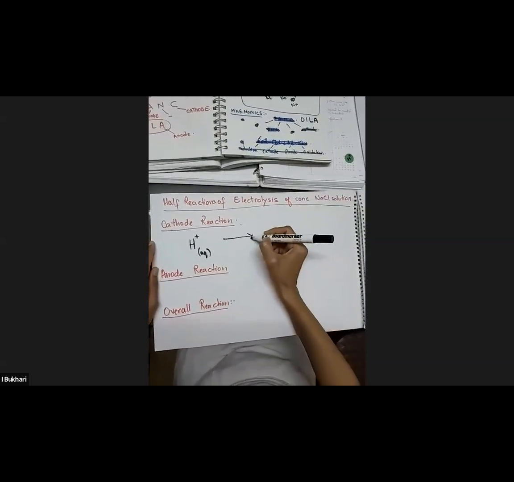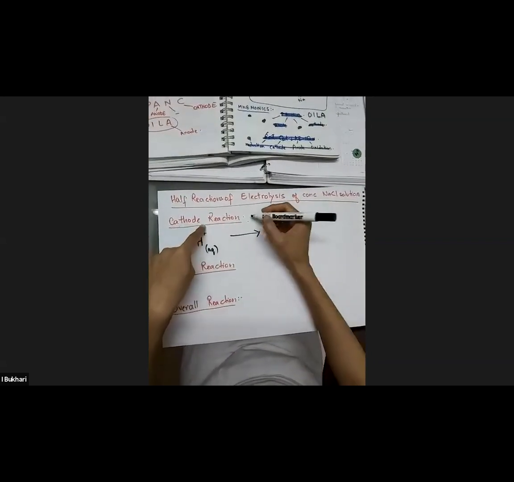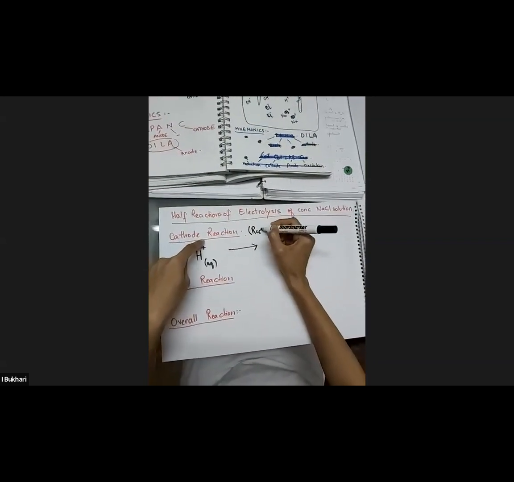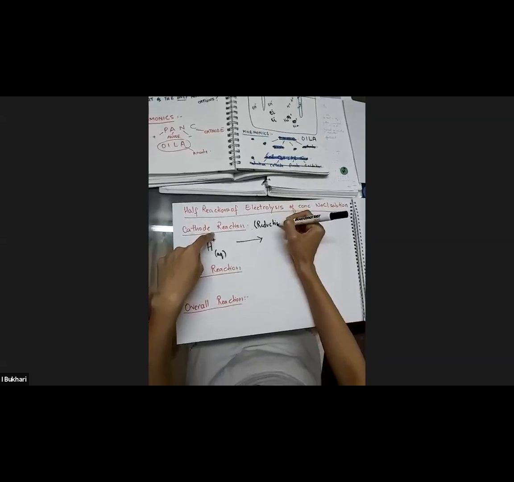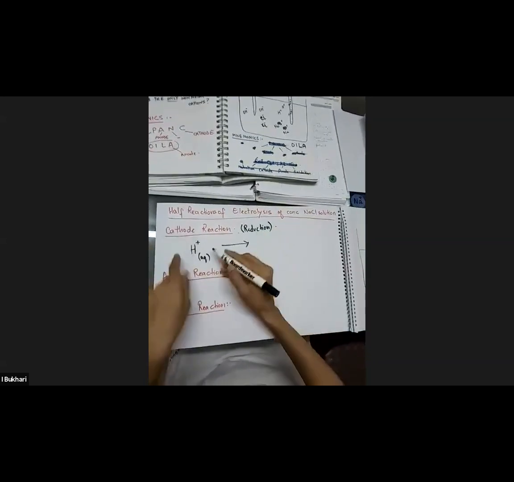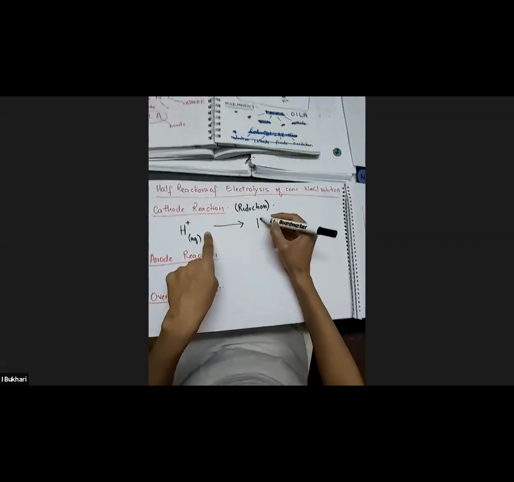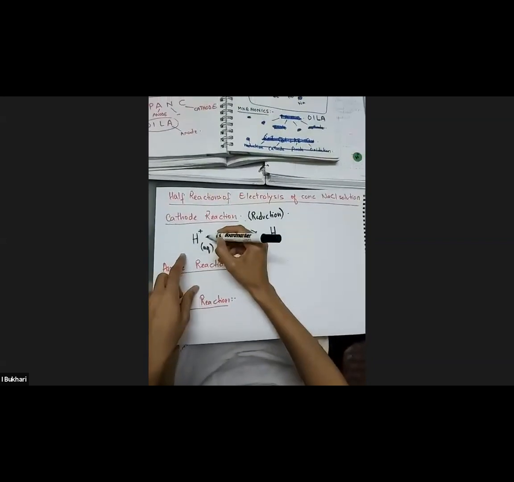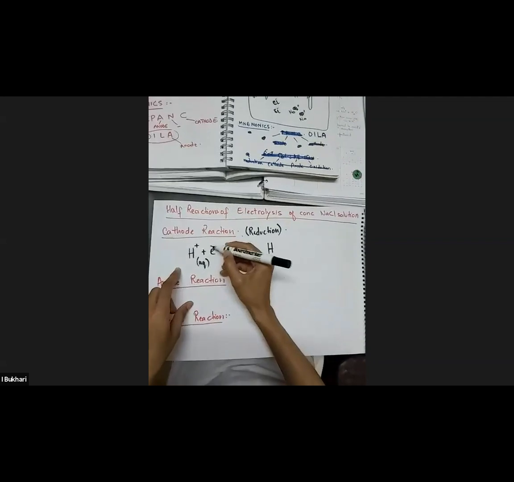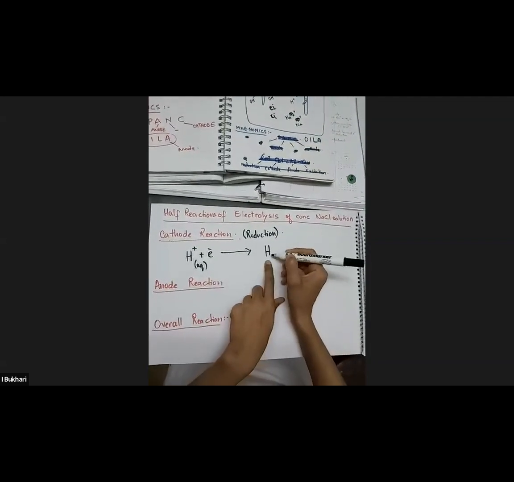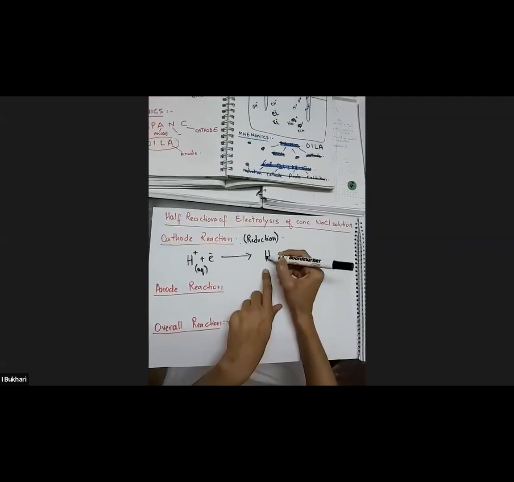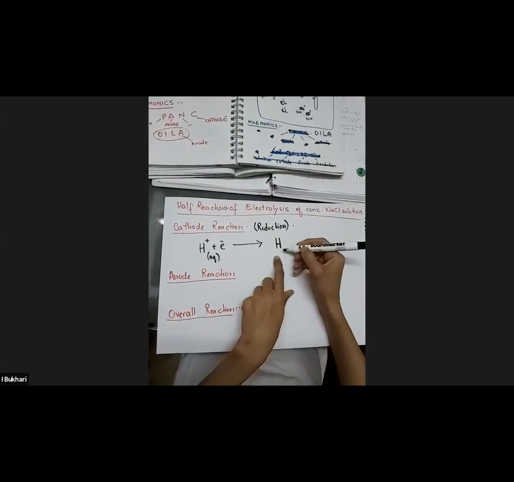Now we know that this is the cathode, so it must be reduction, right? If reduction, that means gain of electrons to form the atom. Now we know hydrogen is one of the diatomic molecules. It does not exist as a single atom.